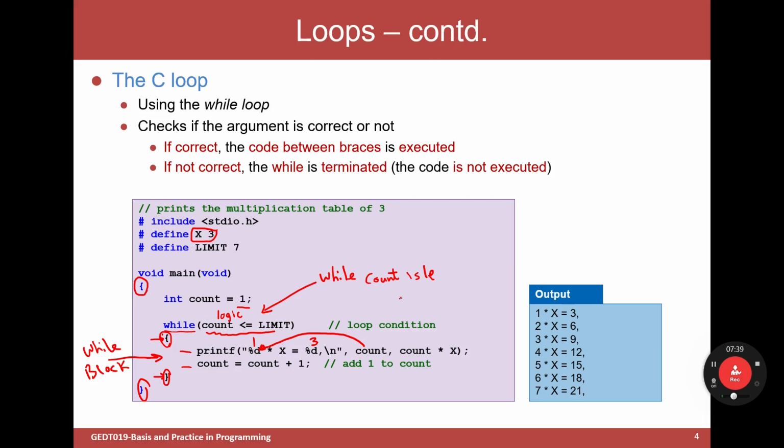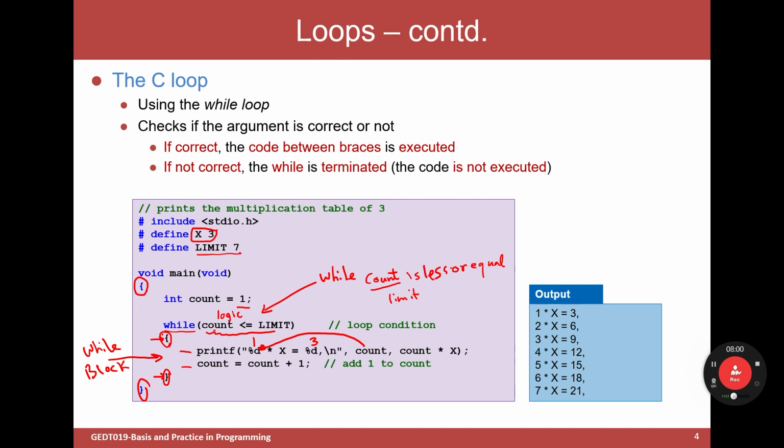The symbol here is less or equal. If the count is less than or equal to limit, what is limit? Limit here is a constant, another constant: limit equals 7.